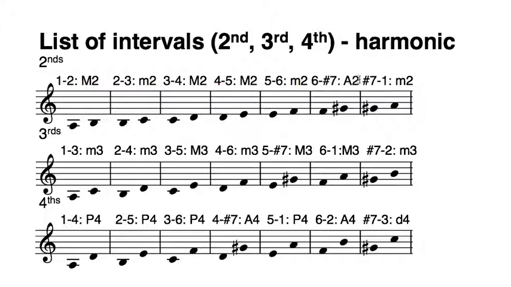This is an oddity. This is part of the reason why the harmonic minor scale feels a little bit odd in the Western classical canon, at least, because of that large gap between scale degree 6 and the raised scale degree 7, which sounds like this.